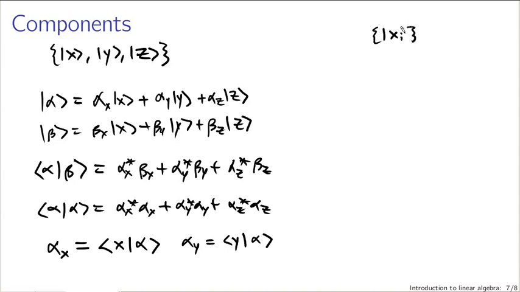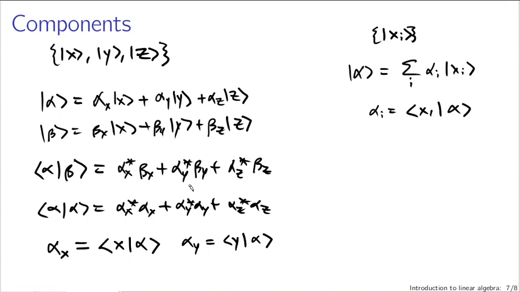If I have some set of orthonormal basis kets, x sub i, I can write the vector alpha as the sum over i of some alpha sub i times x sub i, given suitable definitions for alpha sub i. In particular, alpha sub i is x sub i inner product with the vector alpha.